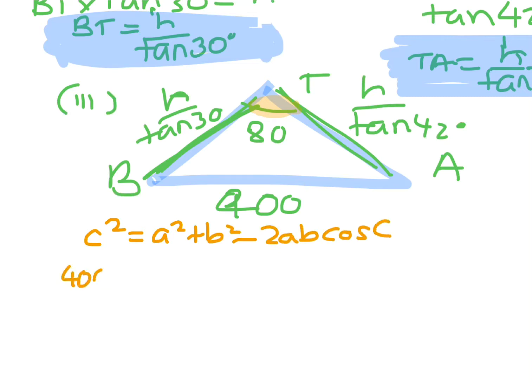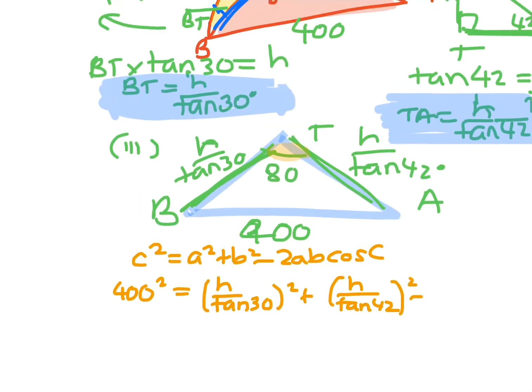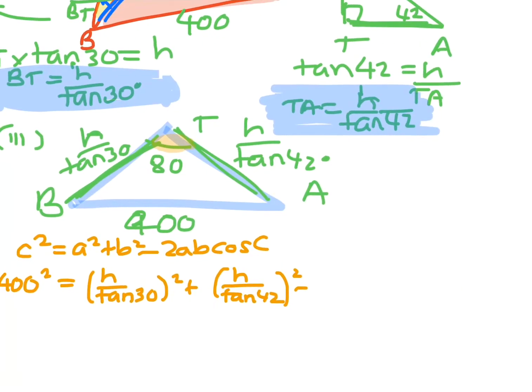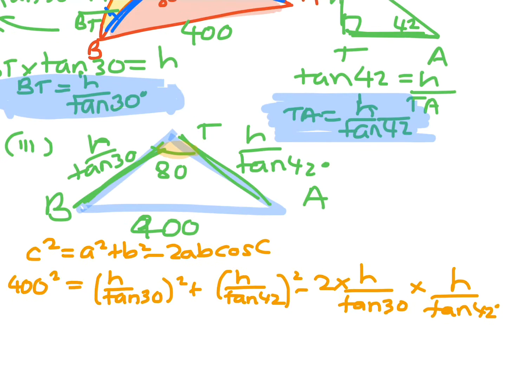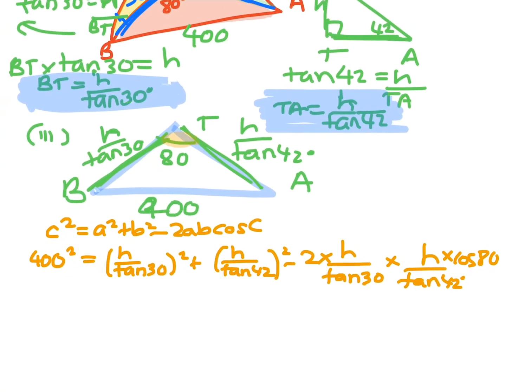So that means 400 squared equals h on tan 30 squared plus h on tan 42 squared minus 2 times h on tan 30 times h on tan 42, and then it will be times cos 80.